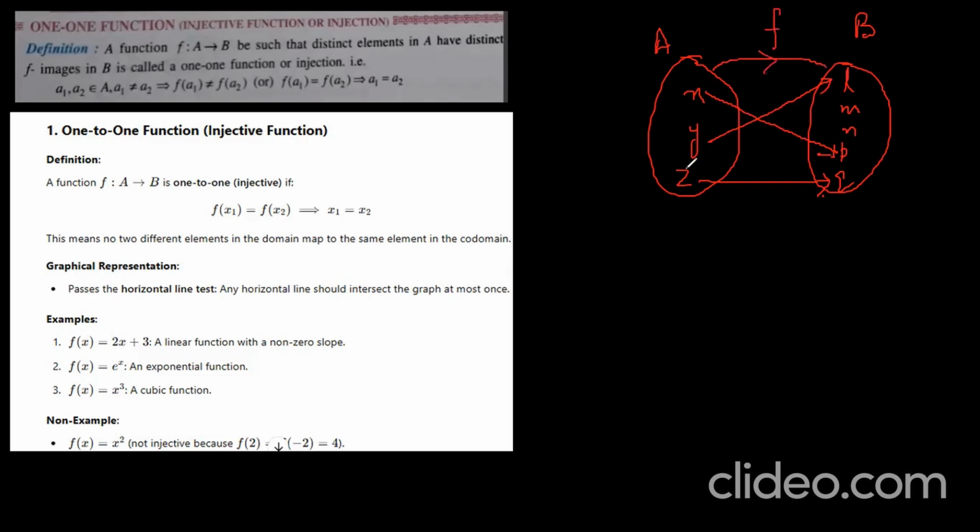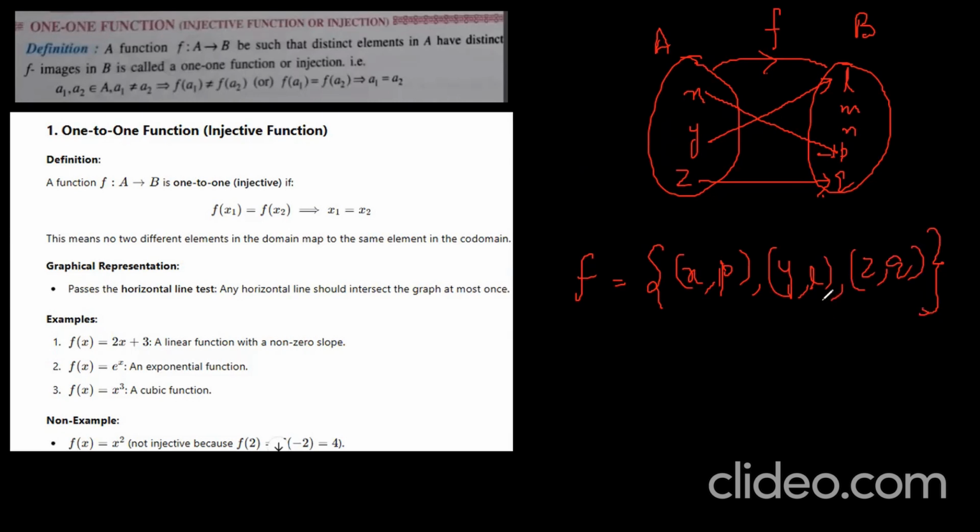F maps A to B can be defined as injective. Why is it injective? I can write F as X is related with P, XP is my first ordered pair, then YL is the second ordered pair, and Z with Q. You see, distinct elements of A have their distinct images in B. Very good.